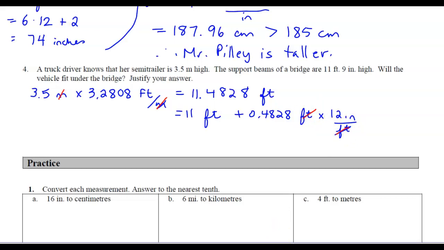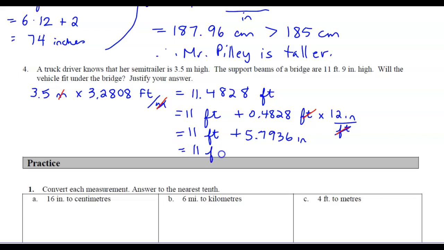So those divide out. So we get 11 feet plus, and then 0.4828, so subtract 11, really easy. Once you've calculated that, just subtract 11 to get the decimal 0.4828 multiplied by 12, and that's 5.7936 inches, okay? And we usually round to the nearest whole inch.